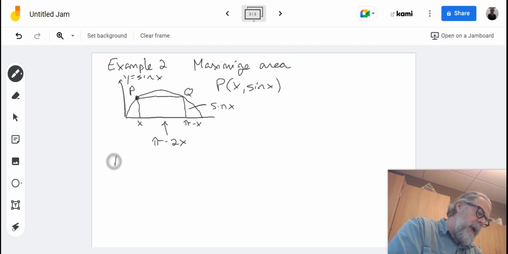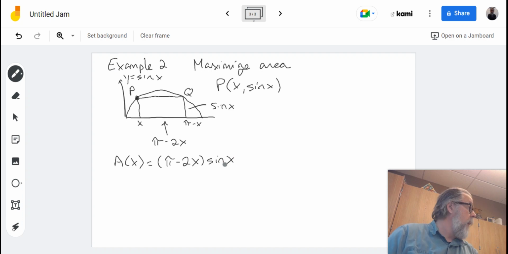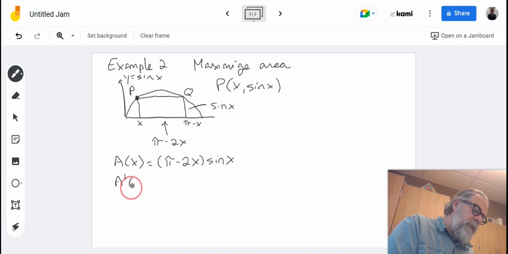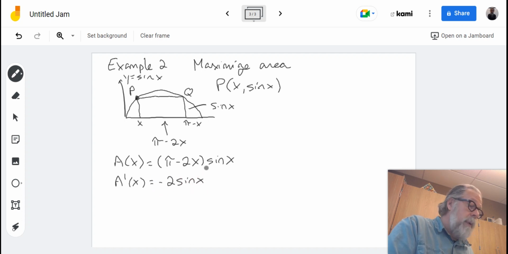Well, the area, A of x, will equal pi minus 2x times sine of x. And we can distribute the sine of x and take the derivative, and what we get is that the derivative is -2 sine of x plus pi cosine of x.